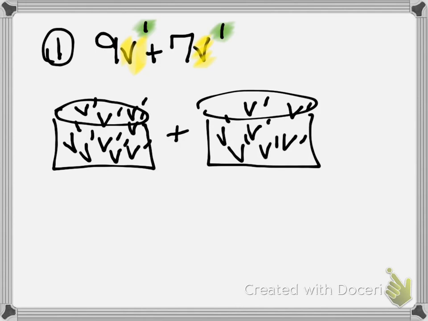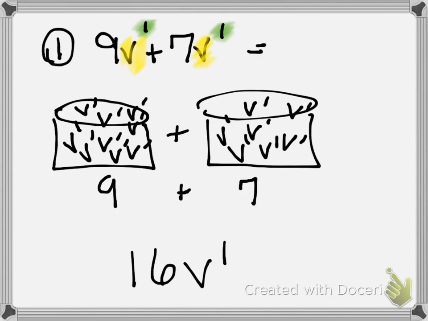You can see visually that those are all the same thing. So if there are 9 of those in this one, and we're going to add 7 of those from that barrel, that's going to give us a total of 16 V1. When we simplify this expression, or we combine like terms, that combines to 16V.